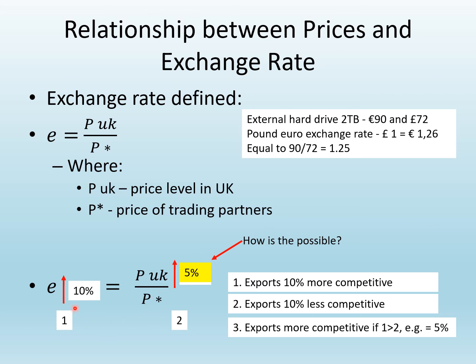Because what you've got is a 10% currency depreciation, which is pushing up all prices by 10%. The only thing that can take the heat is labor and capital. So if you're going to have that 5% increase, the only thing that can take that heat is wages and profit.